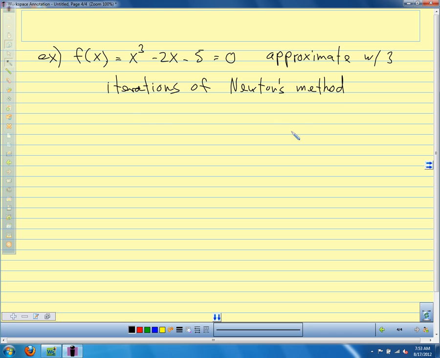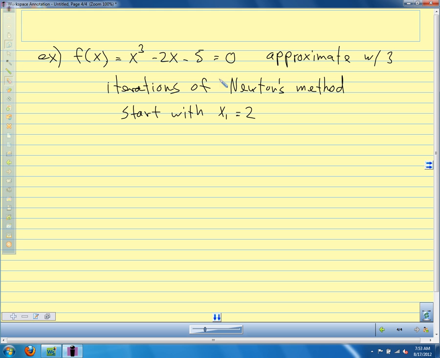And we start with x1 equals 2. We can come up with this initial estimate because we have a nice polynomial here. If we plug in some values, if we plug in 1, we see f of 1 is negative 6, f of 2 is negative 1, and f of 3 is 16.